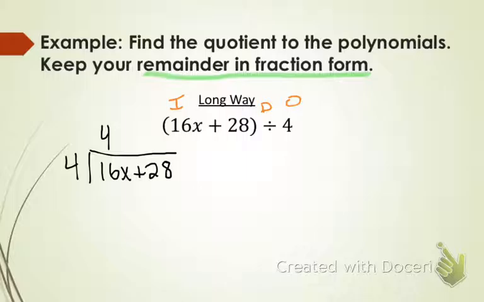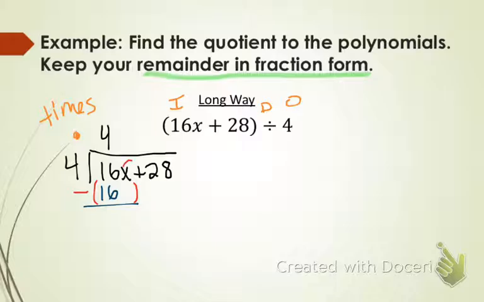Now remember, like I said, there's a multiplication here. We multiply 4 times 4, 16. So I'm going to put the 16 right here. Now my goal is to get a 0 out of these two. 16 minus 16, because remember, we are subtracting, will give you the 0.